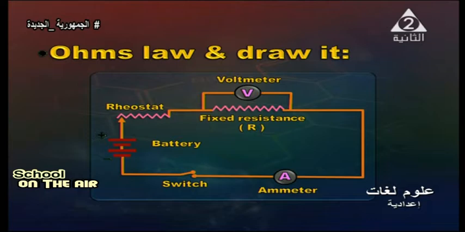Again, Ohm's law figure can be drawn as a battery with a switch, an ammeter, a fixed resistance and a rheostat in series connection, and the voltmeter connected with the fixed resistance in parallel. This is Ohm's law.